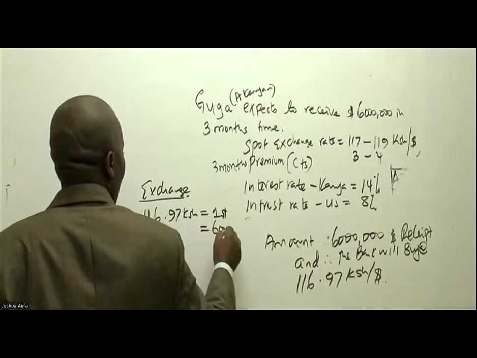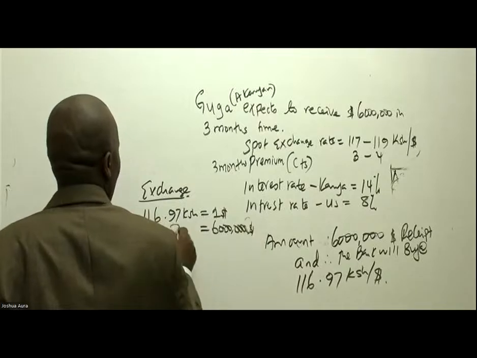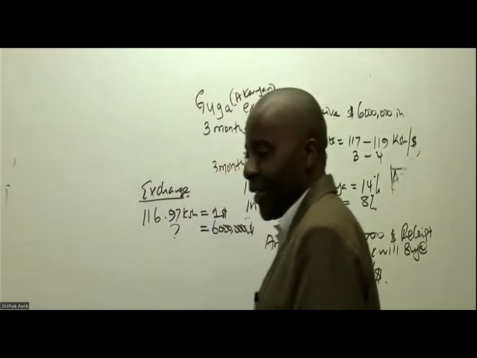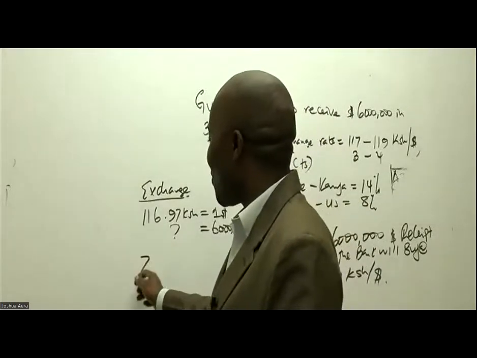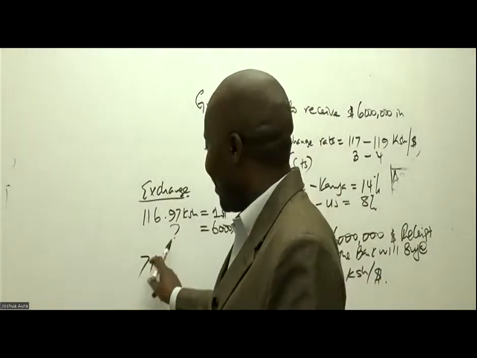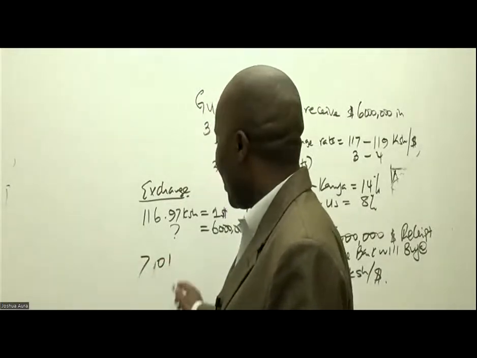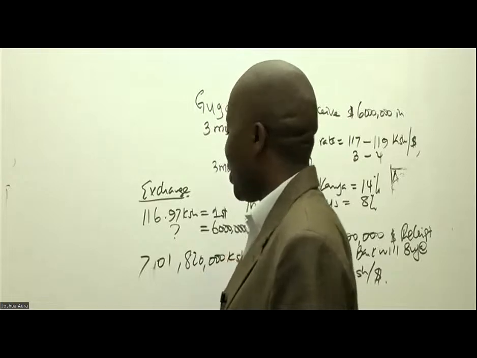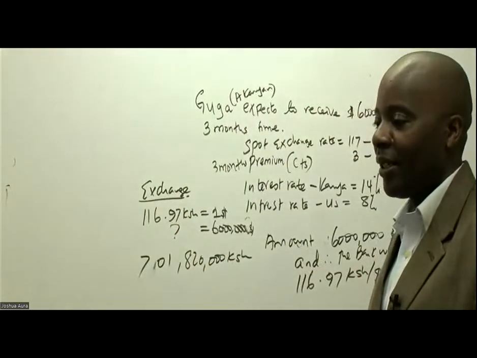How about 6 million US dollars? Please cross multiply and see whether those who tried it got it correct. It is supposed to be 701,820,000 Kenya shillings. Please underline that.